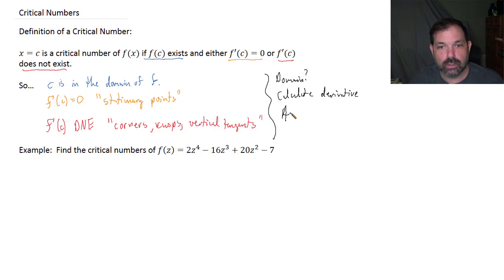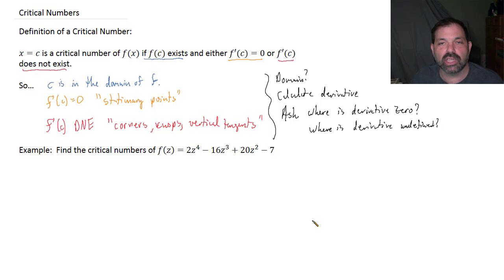So we ask ourselves, where is the derivative 0? Where is the derivative undefined? And that's basically what we will need to do to locate any critical numbers of a function.